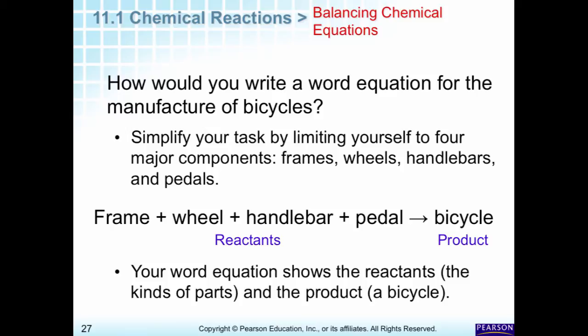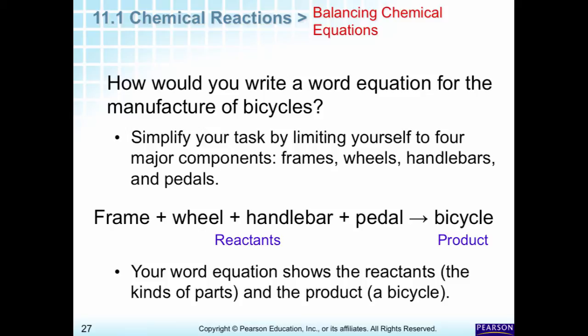It might not be a bicycle, it might be something else. So learning a chemical equation helps you understand in your mind how things are related to other things. So what do you need to make a bicycle? You need a frame, wheels, a handlebar, and pedals, and then you get a bicycle. So the reactants that we need are frame, wheel, handlebar, and pedal.